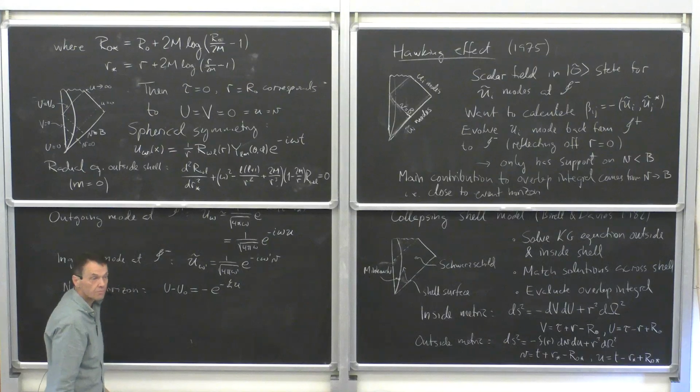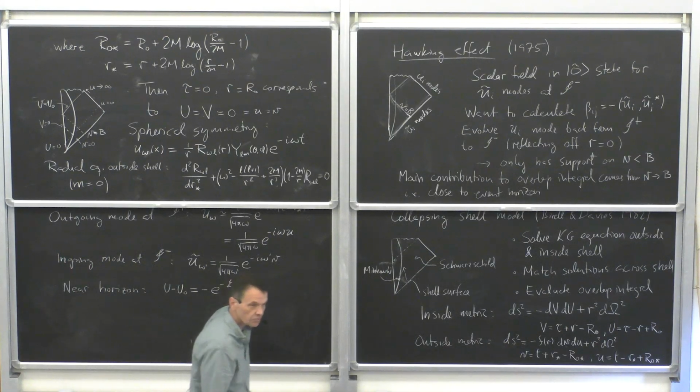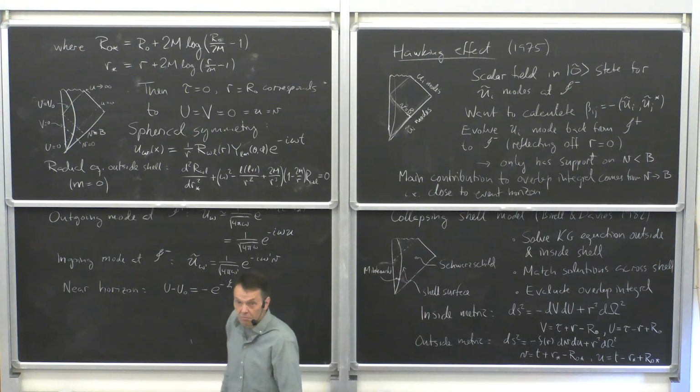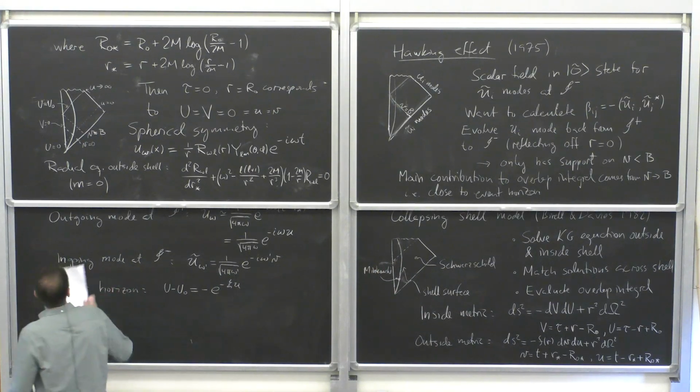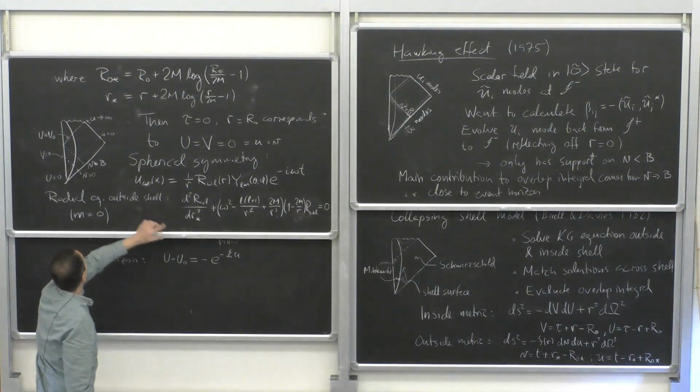Okay. So what goes into this, which I haven't said yet, is that I'm asking that this shell have a large mass compared to the Planck mass, so that this patching is happening in nearly flat space-time.